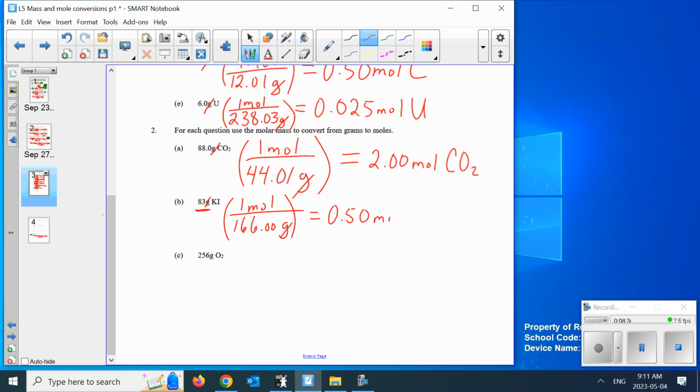Grams are gone, so we're left with moles and chemical potassium iodide. Oxygen is 2 times 16, so 32 grams. 8.00, 3 significant digits, moles of oxygen. I'll leave that up for 2 seconds.